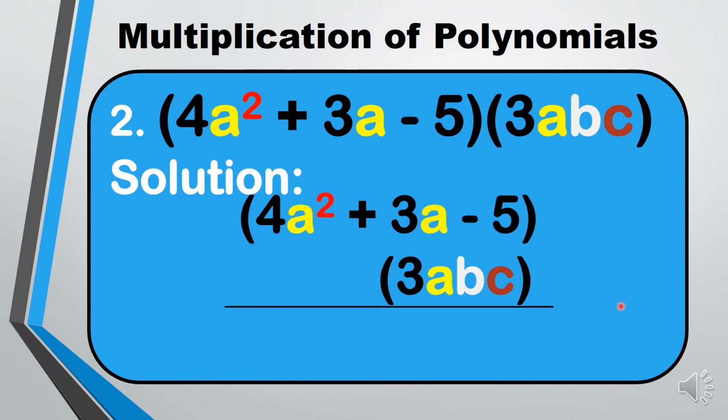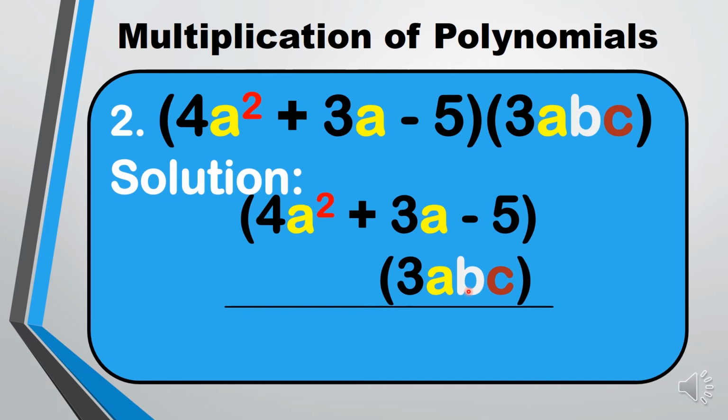Ngayon naman, tayo ay magmumultiply ng monomial, which is 3abc, sa trinomial na 4a raised to 2 plus 3a minus 5. Ang una nating gagawin ay imumultiply si 3abc kay negative 5. Isusunod na imumultiply ito sa positive 3a at huling-huli nating imumultiply ito kay 4a raised to 2.